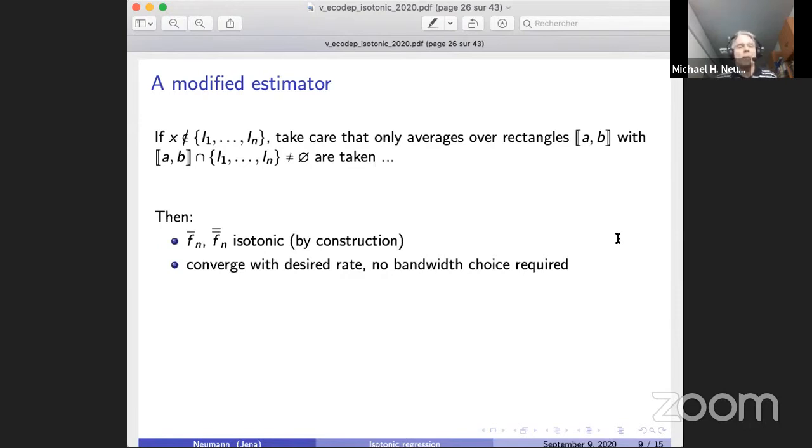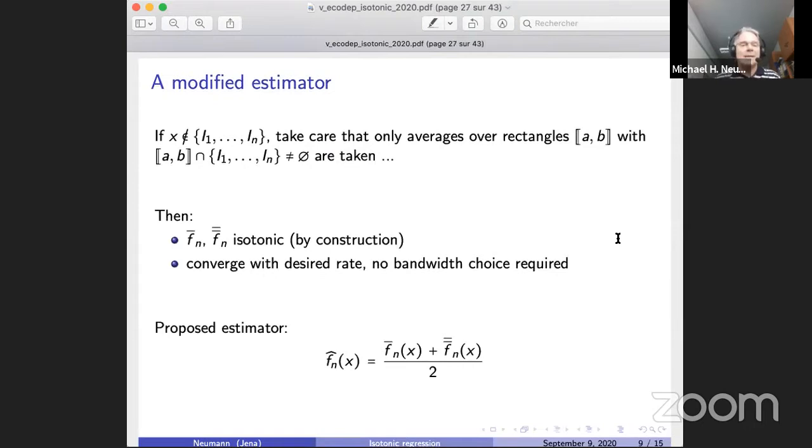An appropriate degree of smoothing is automatically found. So one possible estimator is just the mean of these two estimators, Fn1 bar and Fn2 bar, which are actually good enough. So next slide, please.